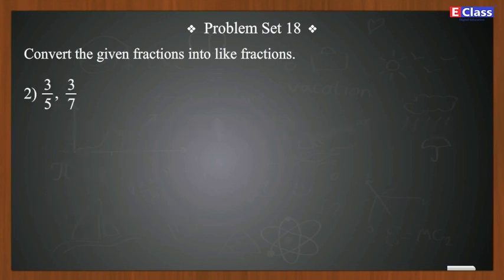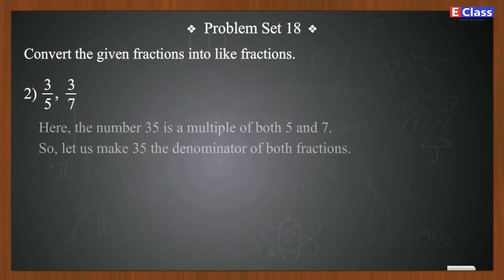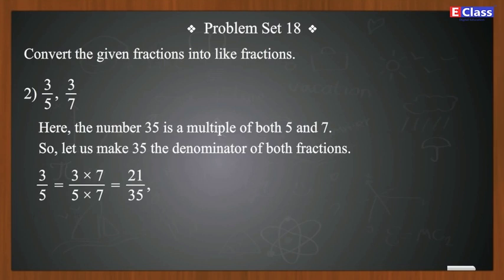2. 3 upon 5, 3 upon 7. Answer. Here, the number 35 is a multiple of both 5 and 7. So, let us make 35 the denominator of both fractions. 3 upon 5 is equal to 3 multiplied by 7 upon 5 multiplied by 7, which is equal to 21 upon 35. 3 upon 7 is equal to 3 multiplied by 5 upon 7 multiplied by 5, which is equal to 15 upon 35.